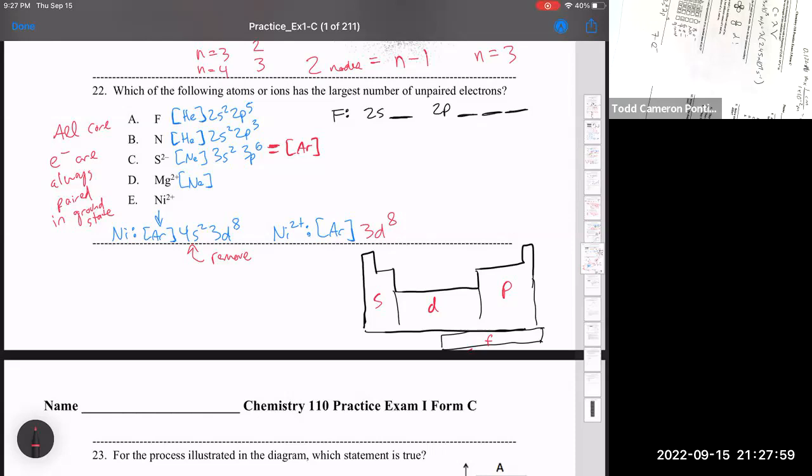So the S zone is this. It is 2 blocks wide. It fits 2 electrons. The P zone is 6 columns wide. It fits 6 electrons, so 3 orbitals. The D zone is 10 columns wide. 10 electrons would take how many orbitals? 5.